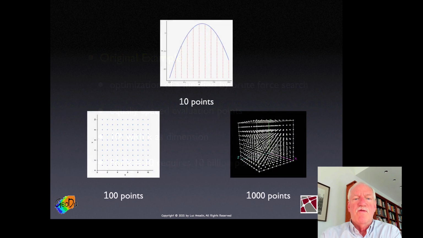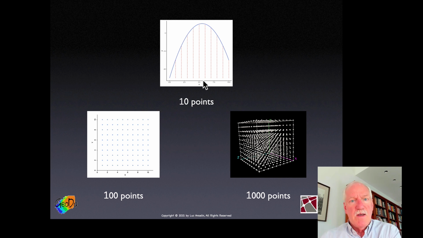And to illustrate this, here is the one-dimensional problem. So we have a function between 0 and 10. We try to find the maximum of the function. What we do is we have 10 equally spaced points, and we find the value, and we find the one with the highest value. Very simple.